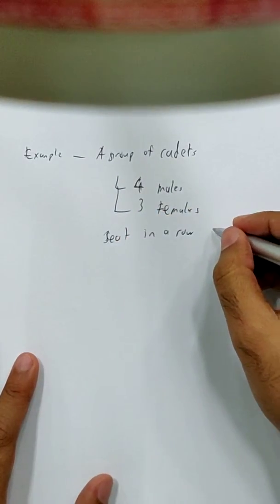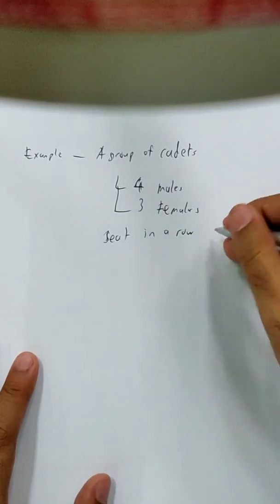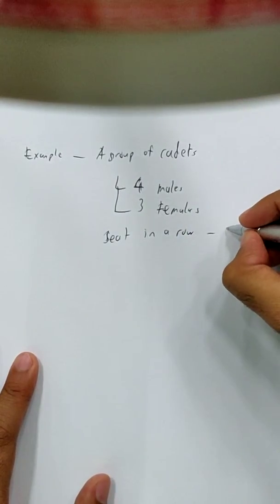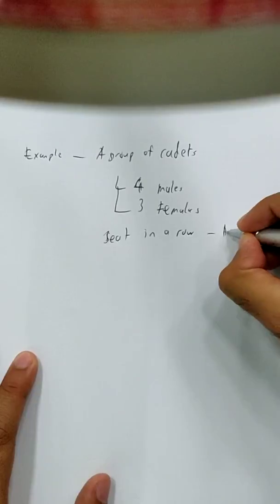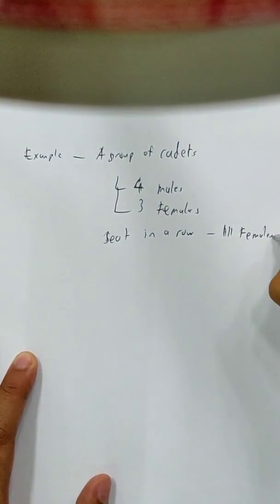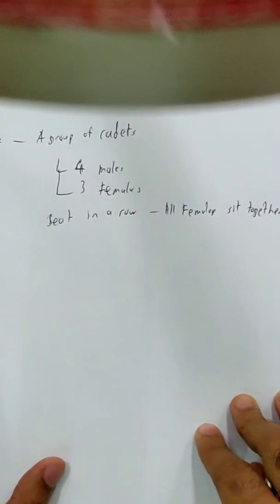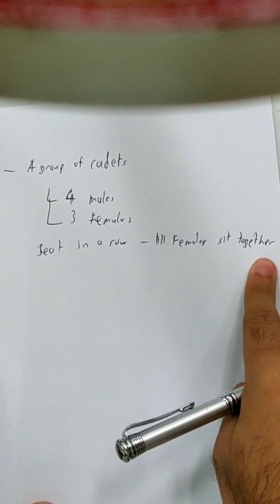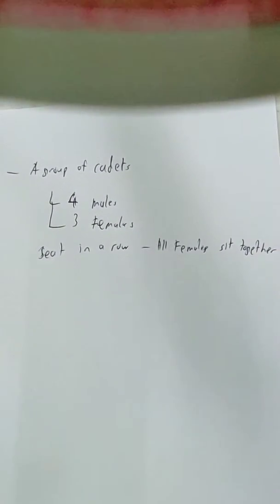Sit together, and this one I want that all females together. Okay, the females need to sit together. This is what we call the group, the same as what we have done just now.